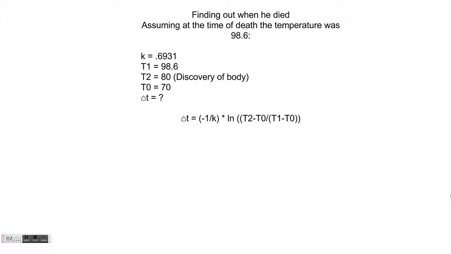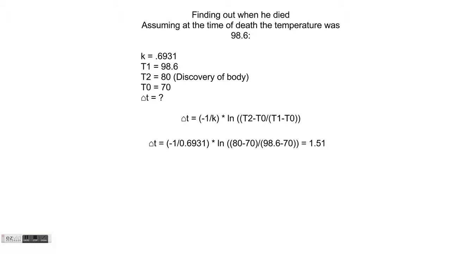We're going to plug it in here in a second. Okay, and so plugged in, it is -1 divided by 0.6931 times the natural log of 80 minus 70 divided by 98.6 minus 70, which will come out to 1.51.